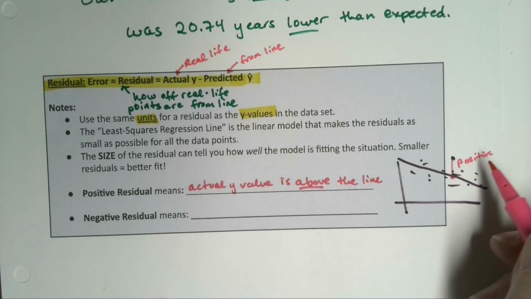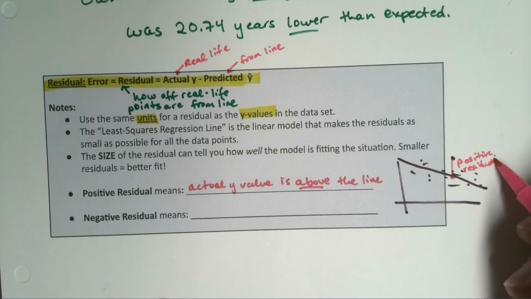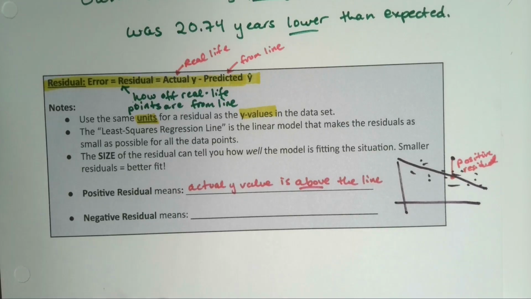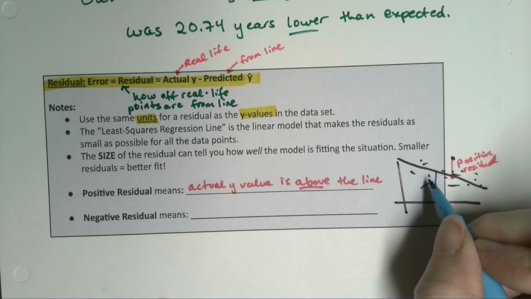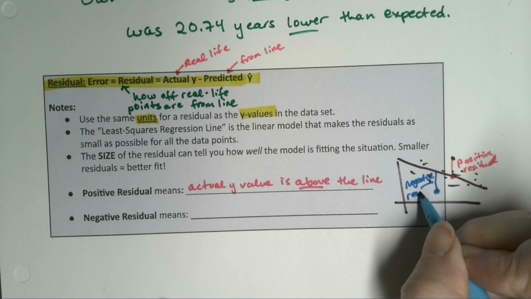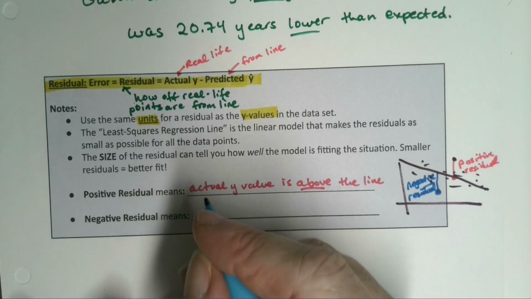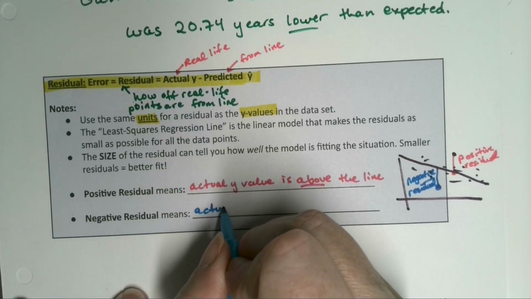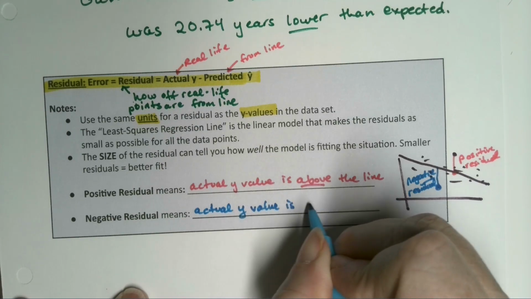That's a positive residual. A negative residual, like Gabon, was down here, right? It was below, so that's a negative residual. And in general, half the points are above and half the points are below. That's how it works. So this would mean the actual y value is below the line.